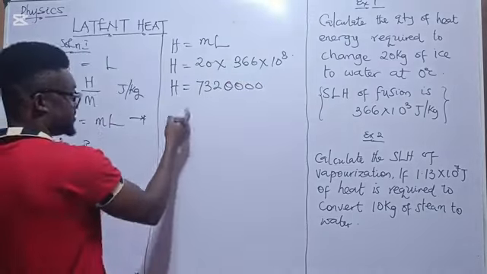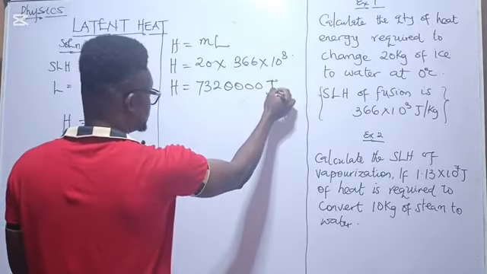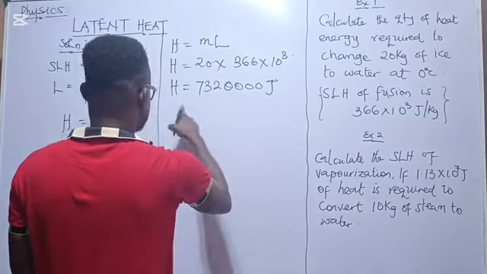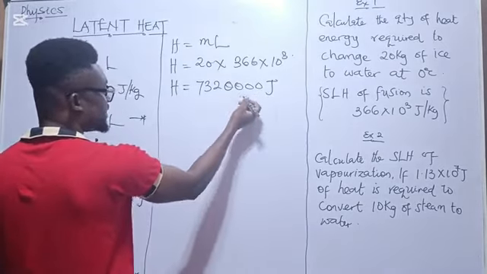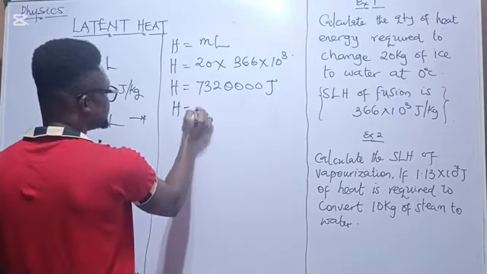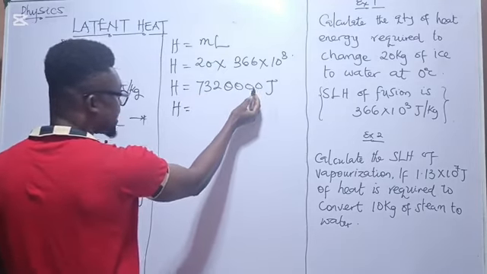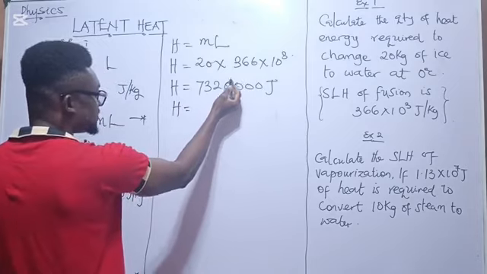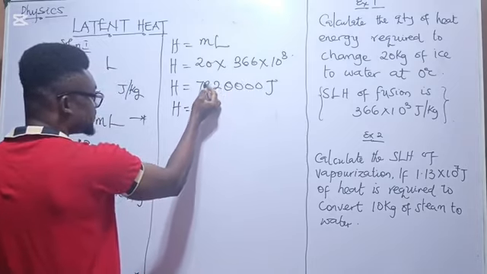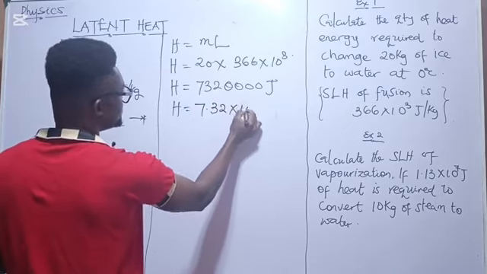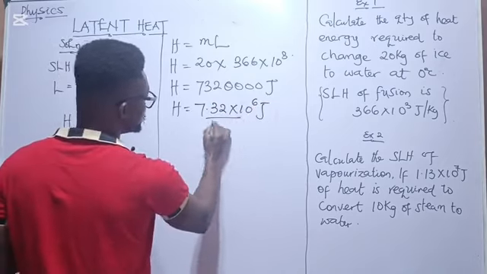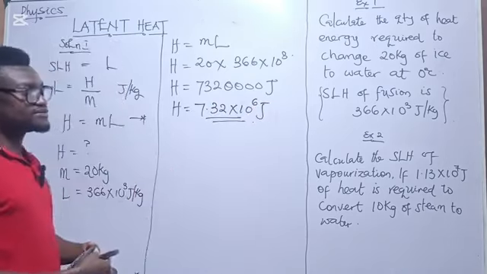So here we have the value in joule, that's the quantity of heat. Heat is measured in joule. We can take it to standard form: 7.32 × 10^6 joule. So that gives the answer to number 1.